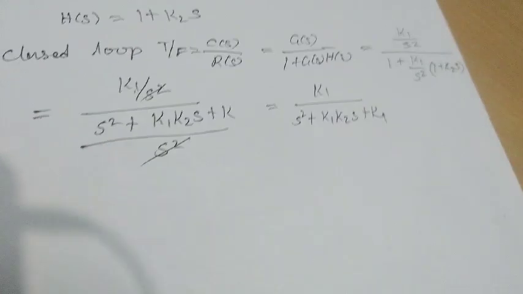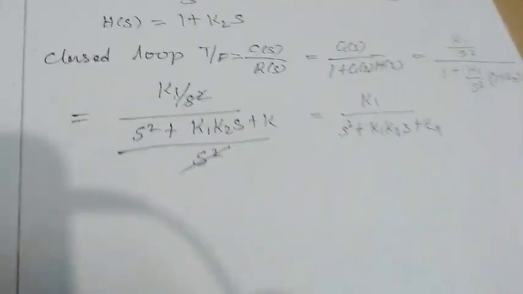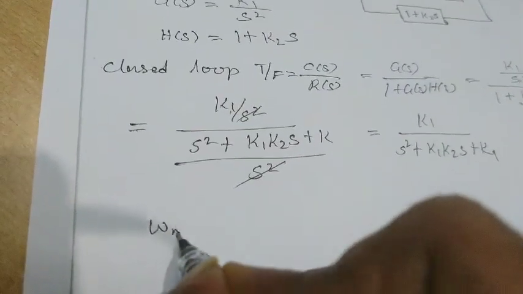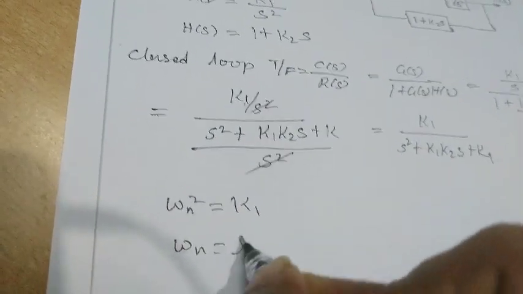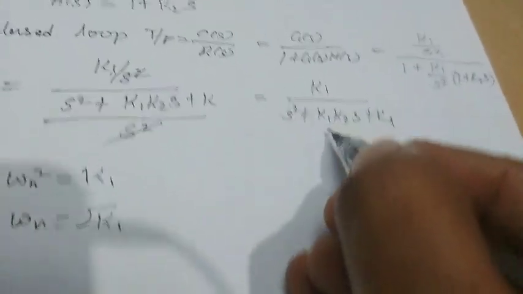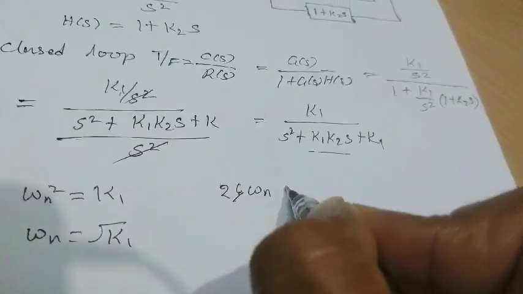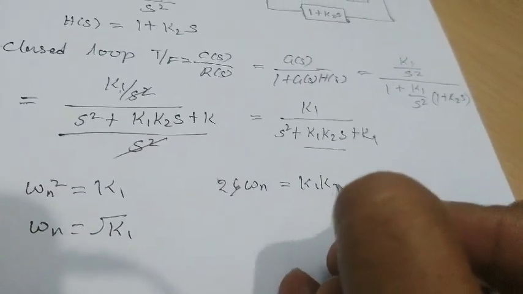So comparing this with standard form of second order system, we'll get omega n square as K1. So omega n is root K1. Next, comparing this term with standard form, 2 zeta omega n is equal to K1 K2.